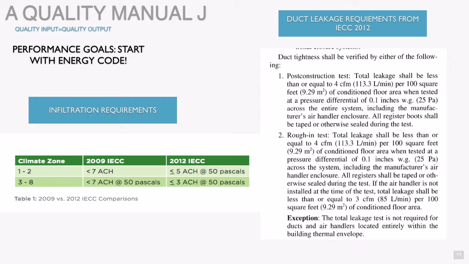ICC 2012, again, is what we're still under currently, and that requires 4 CFM or less per 100 square feet of conditioned floor area. I won't go into what that means, but suffice it to say that if you know that you're going to have a very tight duct system because of a green building standard that you're shooting for, you may want to account for that.